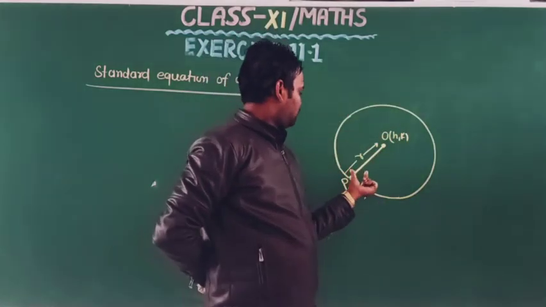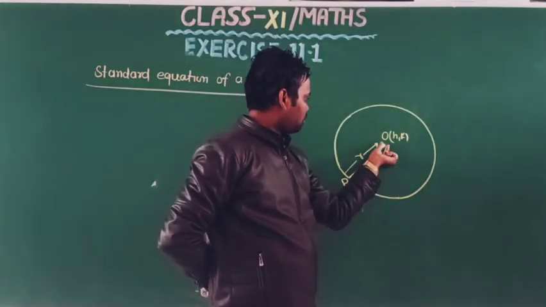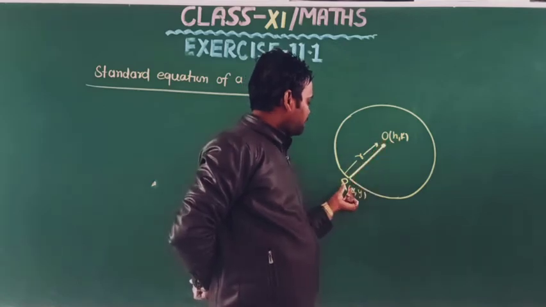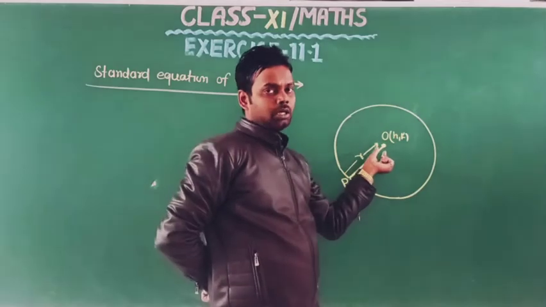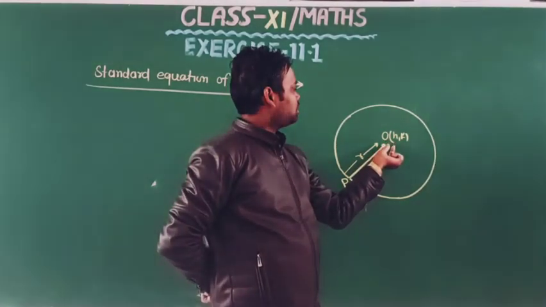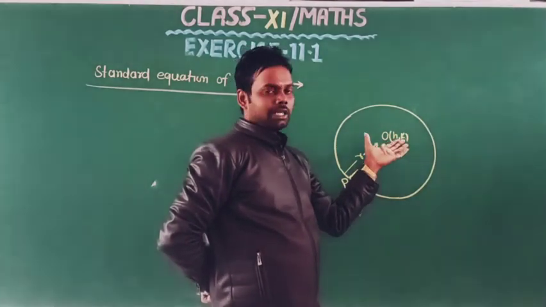Here P is any point on the circle whose coordinates are x comma y, and the center of the circle has coordinates h comma k.